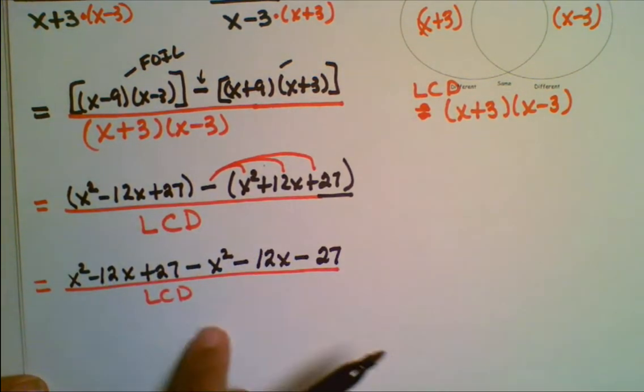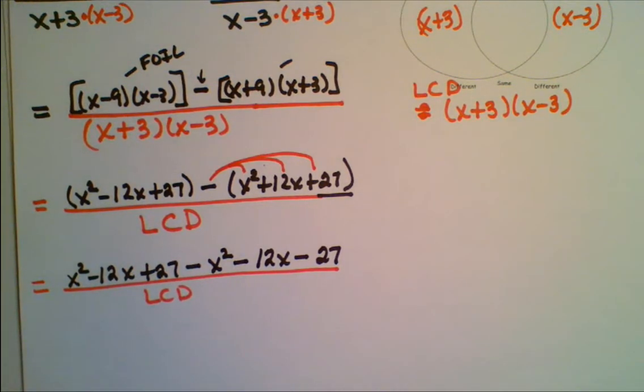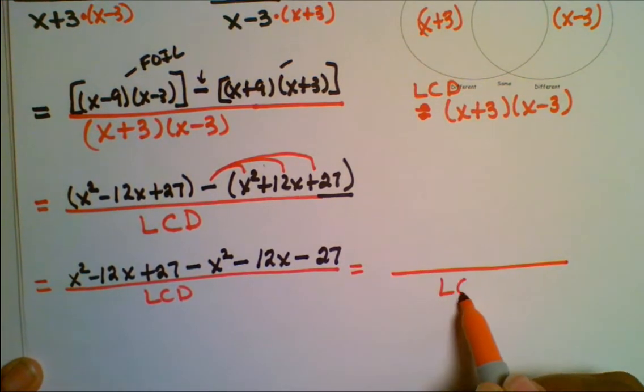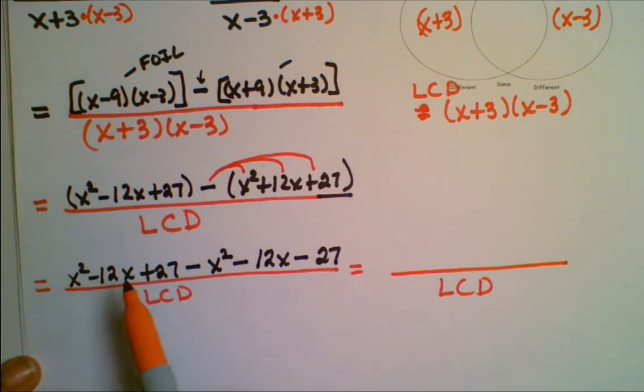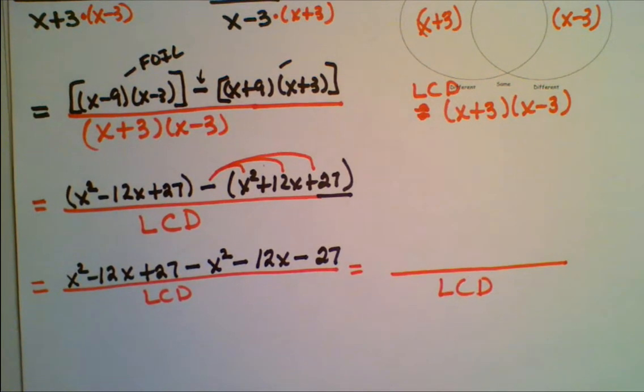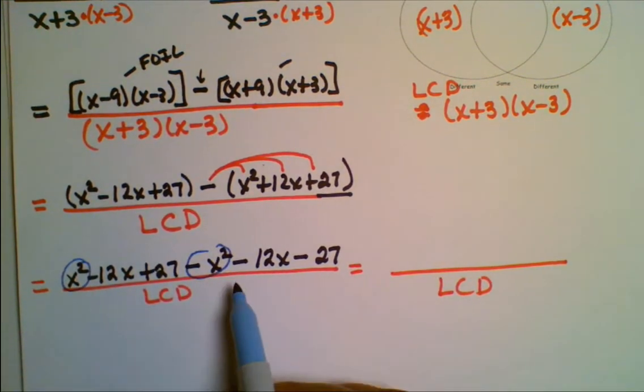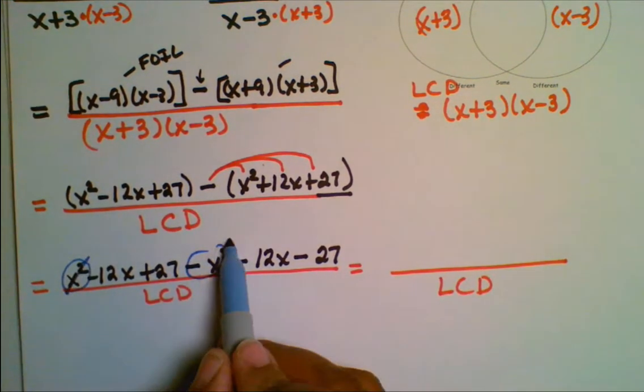Look at your numerator. Combine like terms. What's going to happen to our x squareds? X squared minus x squared. That cancels out.